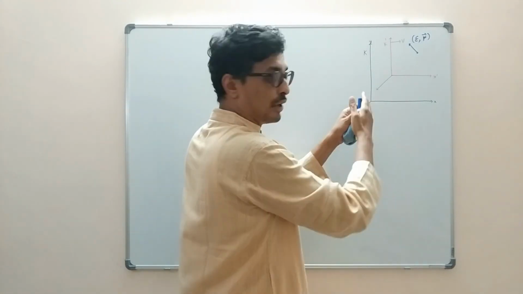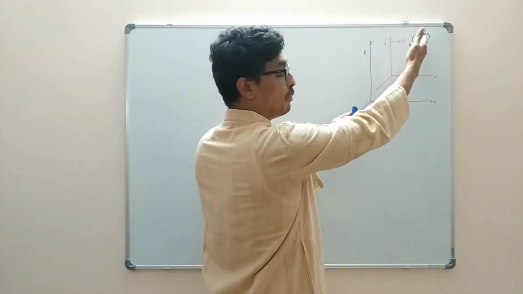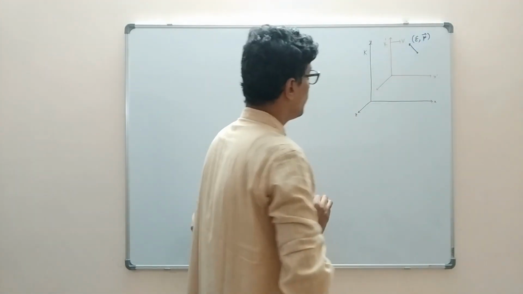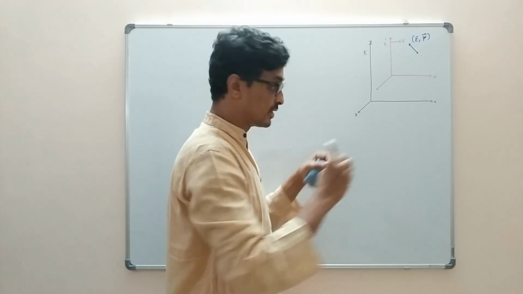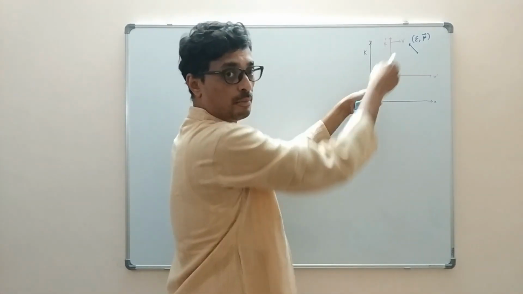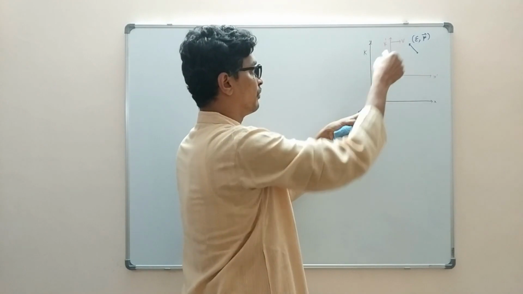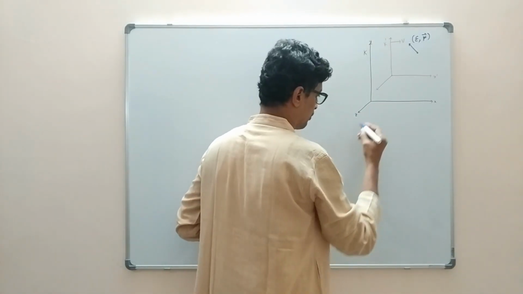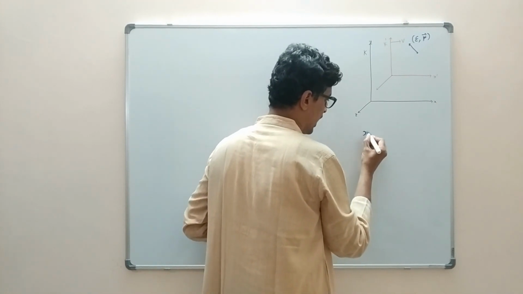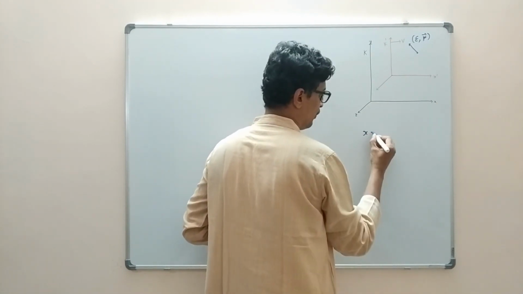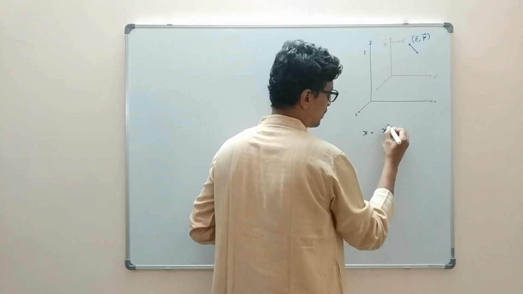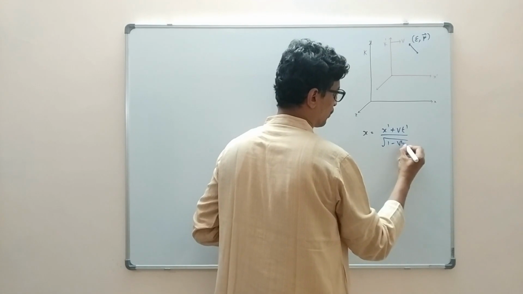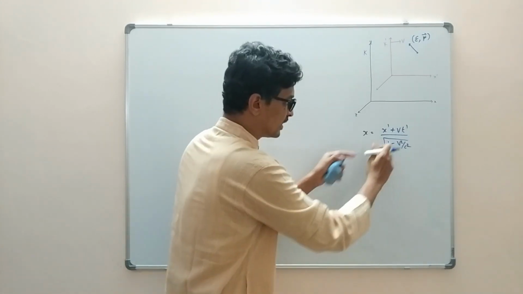Now we want to find how this energy and momentum are going to be measured in the K prime frame. Well, we all know the Lorentz transformation. A simple Lorentz transformation tells how the coordinates are transferred between the K prime frame and the K frame. That is very well known to everyone. We have x of the K frame equal to x prime plus v t prime, divided by root of 1 minus v squared by c squared.